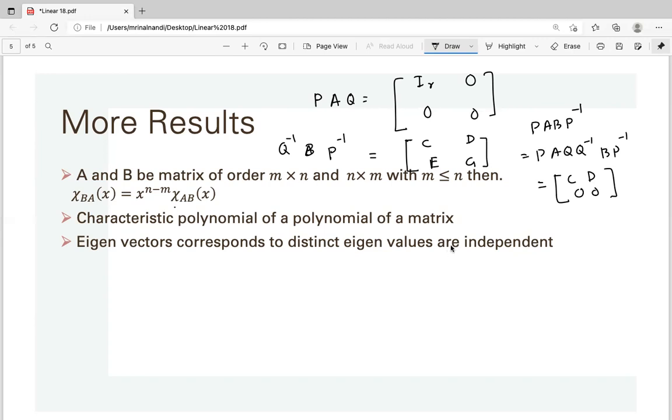And the other way, Q inverse B A Q is just Q inverse B P inverse times PAQ, which is C 0 E 0.